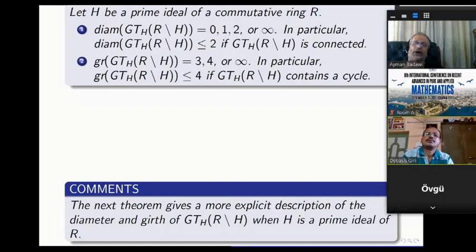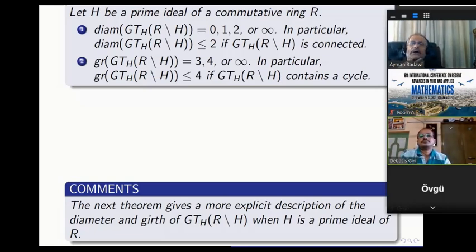If H is a prime, these are the possibilities. You can go from one vertex to another in at most 2 steps or infinity. And it will be less than or equal to 2 only if it's connected. And let me remind you, this graph is connected only if R mod H is Z2 or R mod H is Z3.